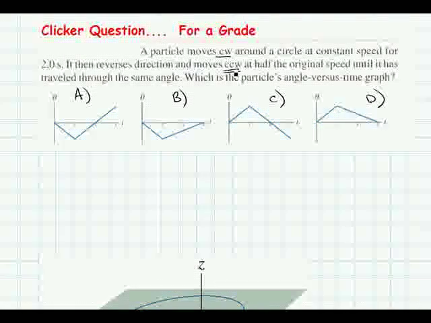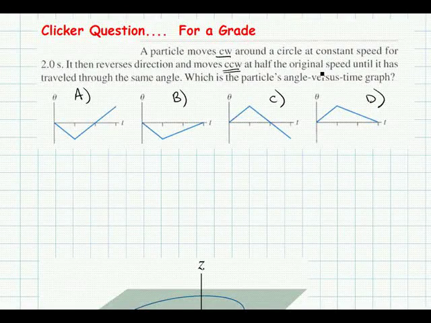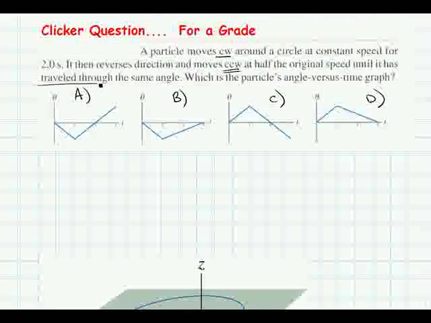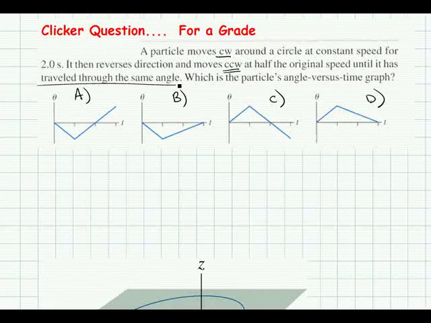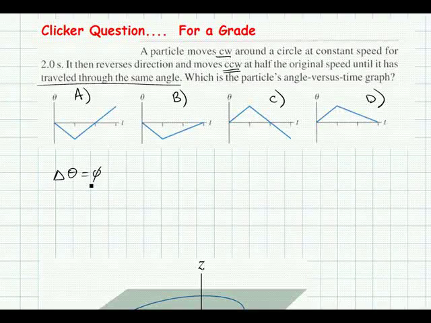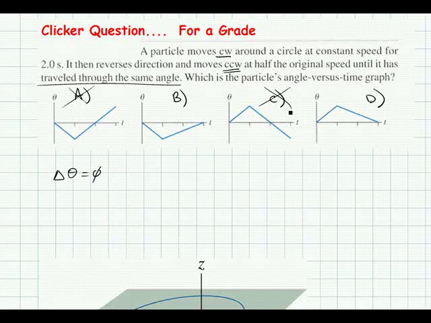Okay, now pay attention to a couple of things here. First of all, we know that the particle travels through the same angle. Therefore, we know that the angular displacement of the particle, delta theta, is 0. So that rules out option A, because its angular displacement is not 0, and option C. So we only have B and D to consider.